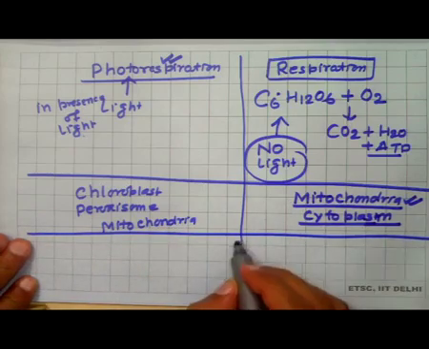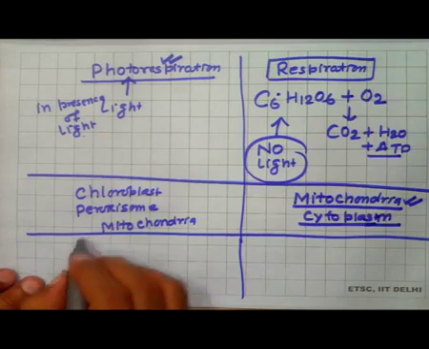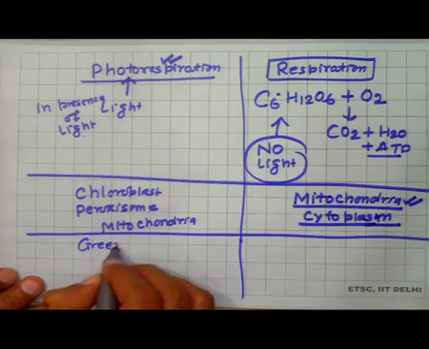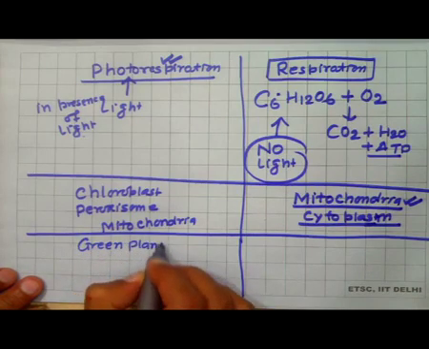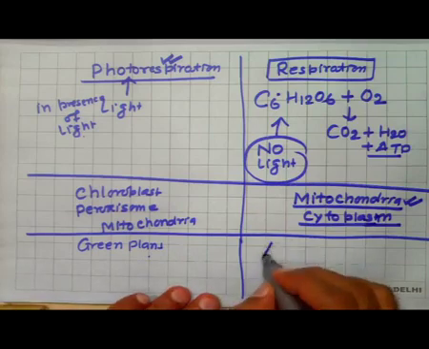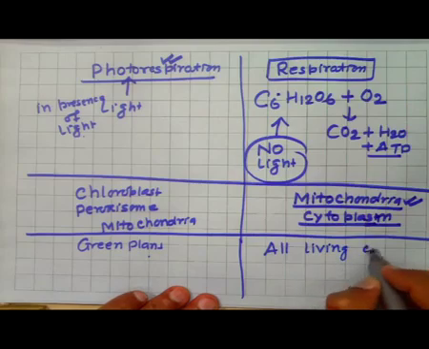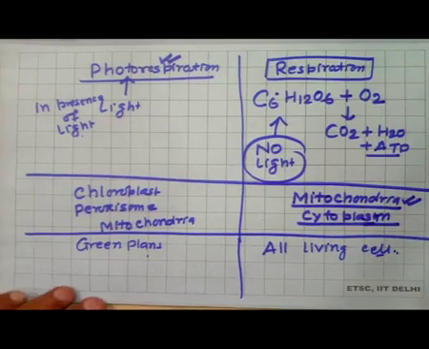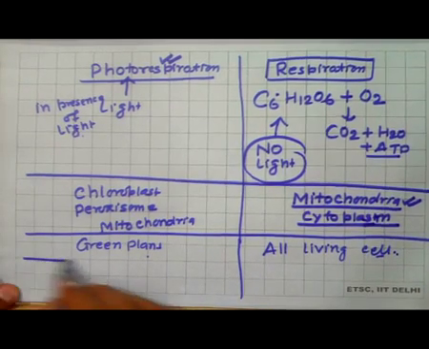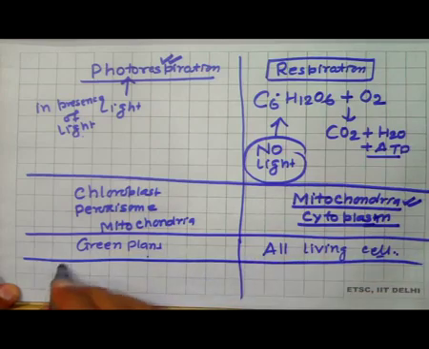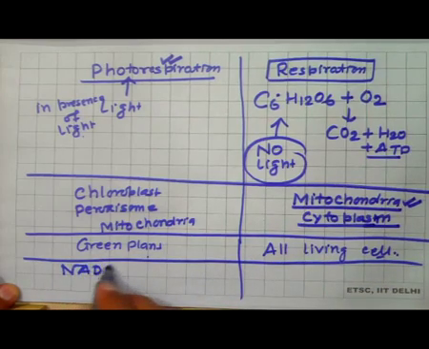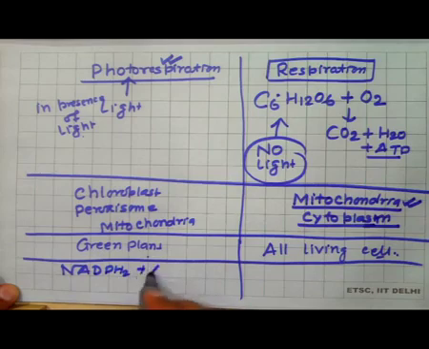The third difference: photorespiration takes place only in green plants, but respiration takes place in all living cells. Here NADPH2 and ATP are lost.